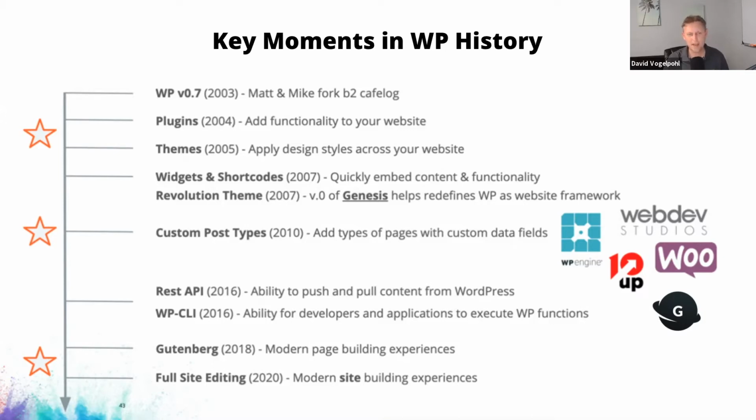And the next phase of the block editor is where the block editor moves from only controlling content within the bodies of posts and pages into controlling and editing content in the header, like your navigation, the sidebar, and the footer. So just like with custom post types, just like with plugins and themes, this will be a drastic shift in the dynamics of WordPress.